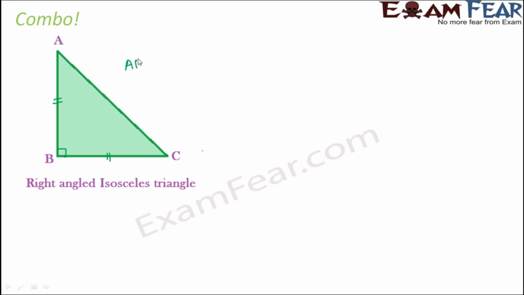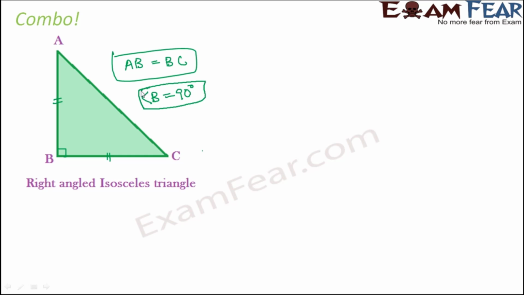So here we see that AB is equal to BC. This is also true, and at the same time angle B is equal to 90 degree. This is also true. Now, since these both conditions are true for the same triangle, this triangle is right-angled triangle, this triangle is also isosceles triangle. So together this triangle is a right-angled isosceles triangle.